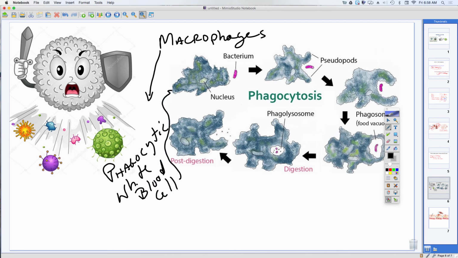A phagocytic white blood cell is a cell that looks sort of like an amoeba, and you have them, and so you know macrophages means a big eater.